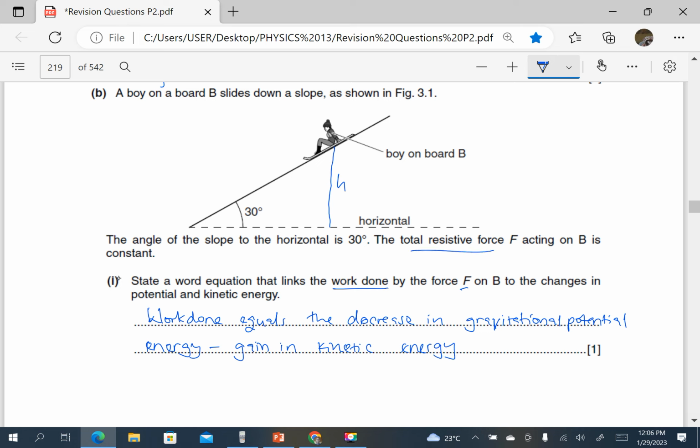So if the resistive force F, of course F opposes a sliding downwards. So if not all the decrease in gravitational potential energy becomes kinetic energy, it means the difference between the gravitational potential energy and the kinetic energy, the gain in kinetic energy, is the work done against the resistive force F. That is the word equation, minus, this is minus.